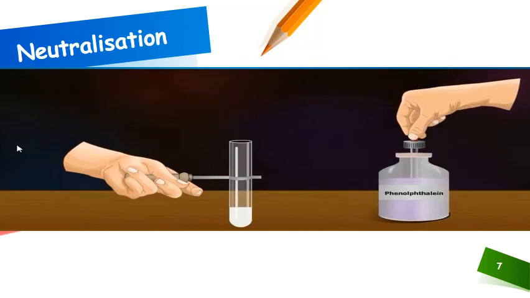Now take an indicator, a synthetic indicator such as phenolphthalein. Take the phenolphthalein with a filler and slowly add the indicator into the acid, that is, into the test tube.